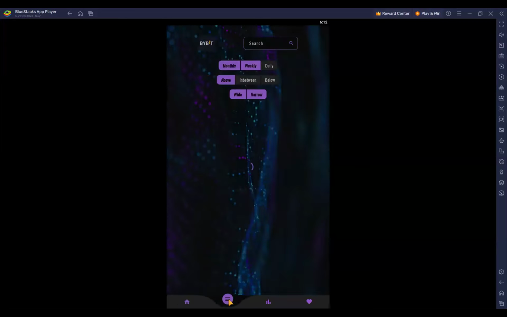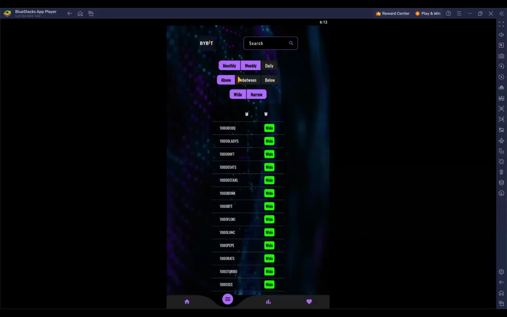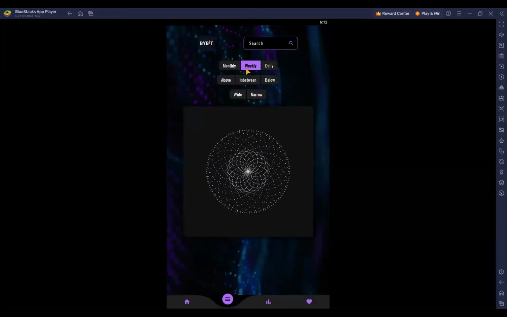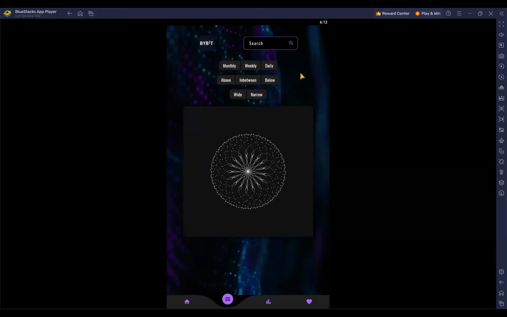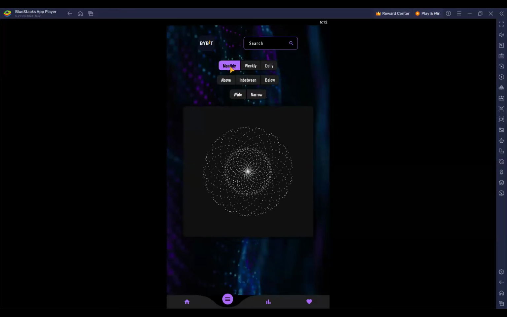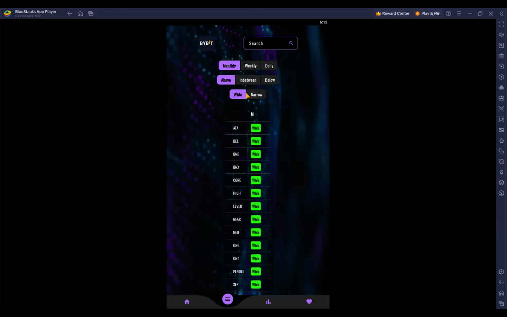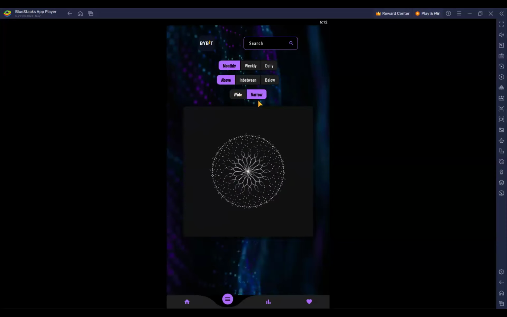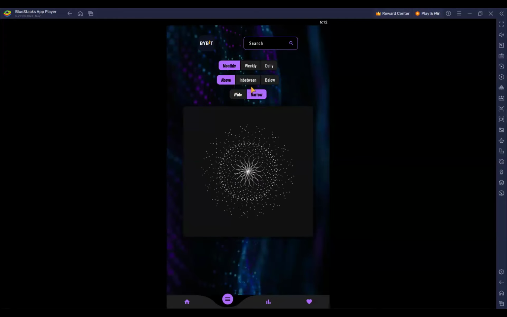Then over here, we've got option number 2, guys. And this is where we're going to go into our filters. How we start is we turn off all the selections, and then from this point, we can decide what we're looking for. So here you'll see if I select monthly, and I look for anything that's above the monthly, wide or narrow. Right now, there are no tokens above the monthly that are narrow.